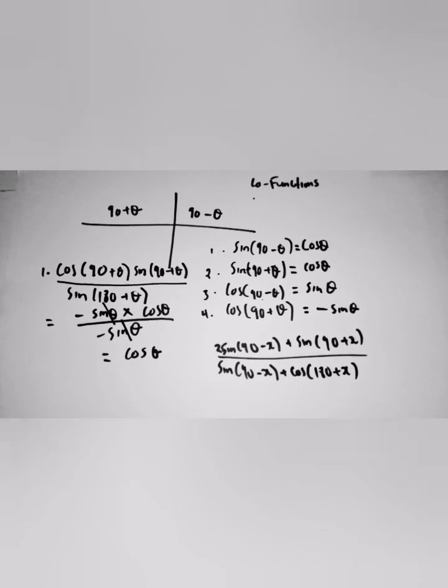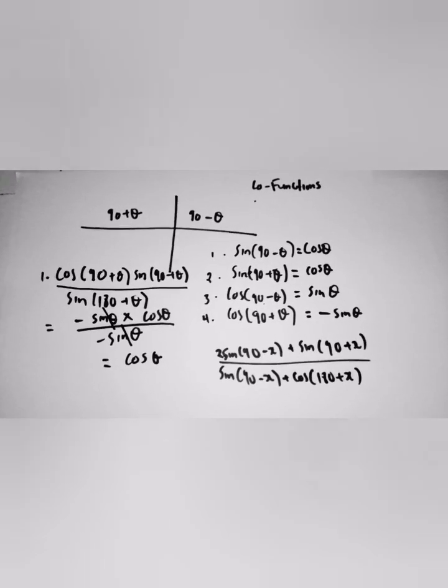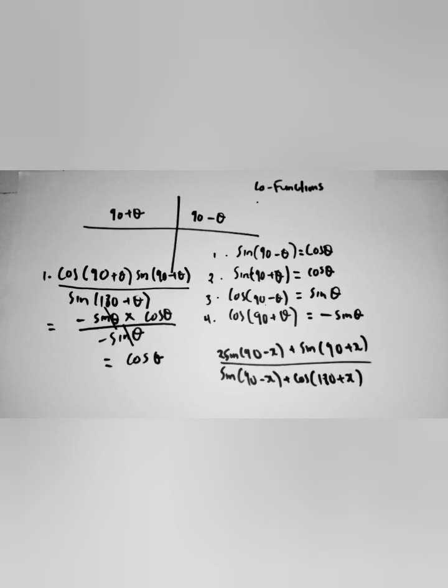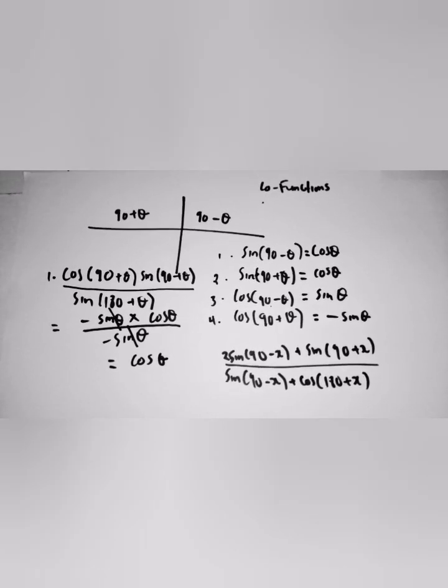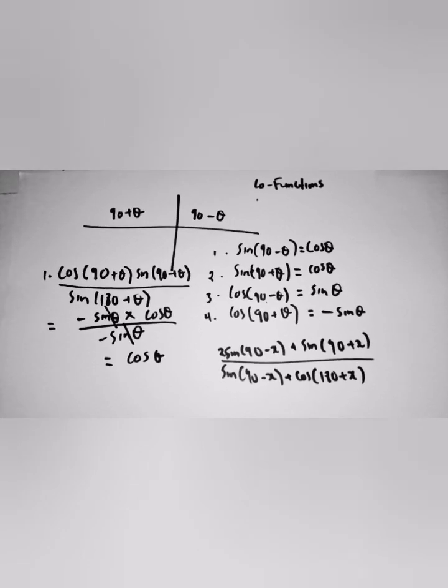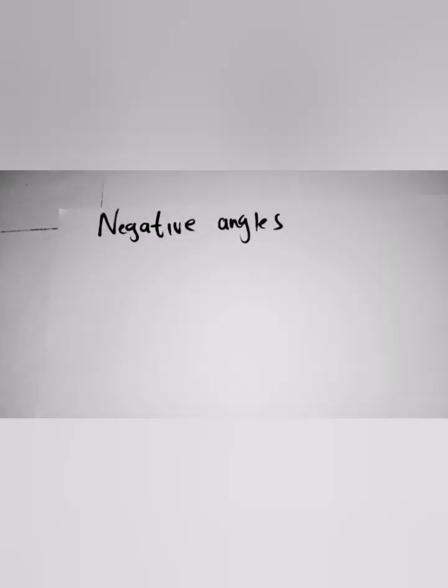So try that one on your own and see if you get it. But I trust you guys that you are going to ace this one. So the first important thing, make sure you know your quadrants and cofunctions.